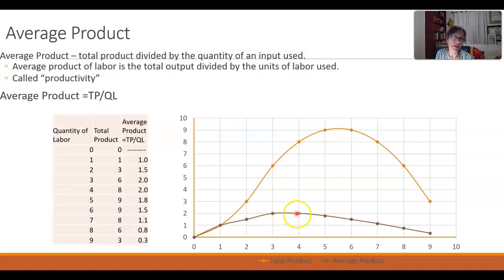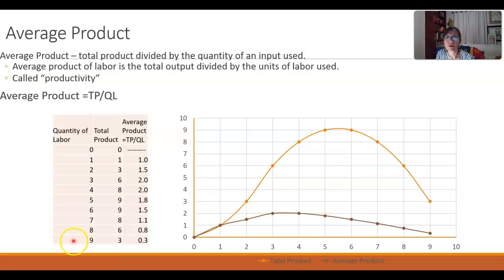Okay, so this means that we're beginning to get filled up behind the counter. Okay, now we add the 5th person and output increases. So yes, 5th person output increases. But the 5th person, if we take 9 sandwiches divided by 5 people, now that means that each person is only producing 1.8 sandwiches, a little bit less.